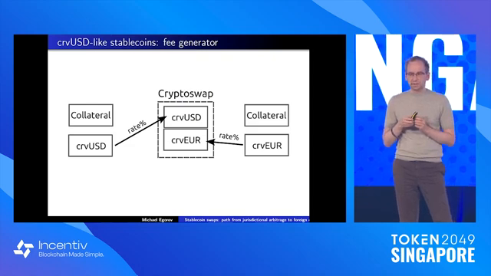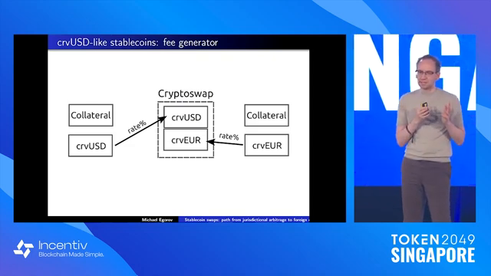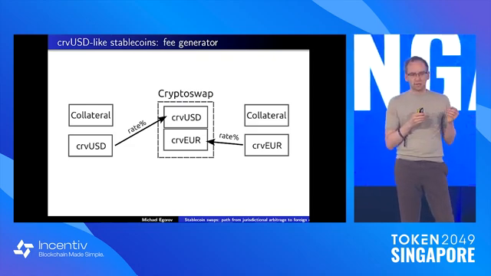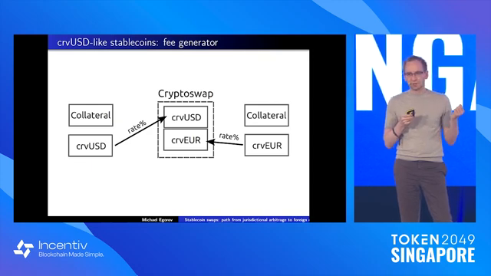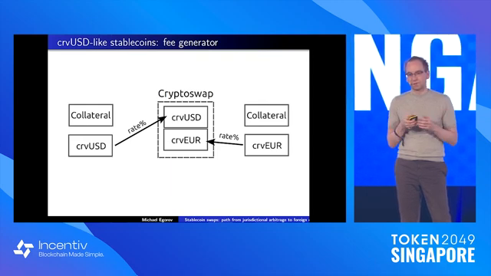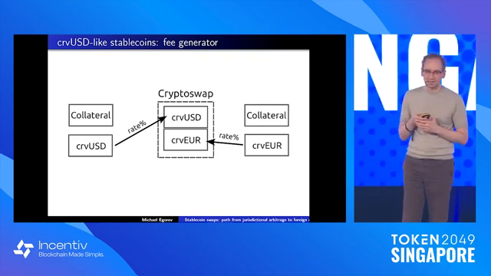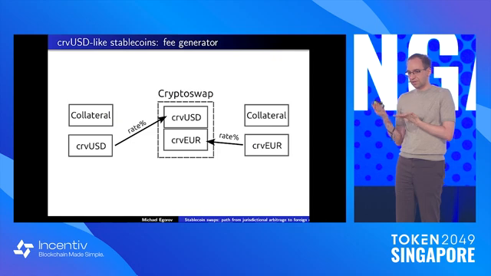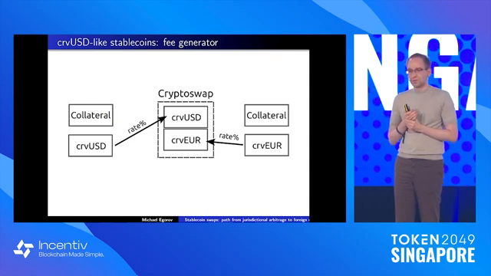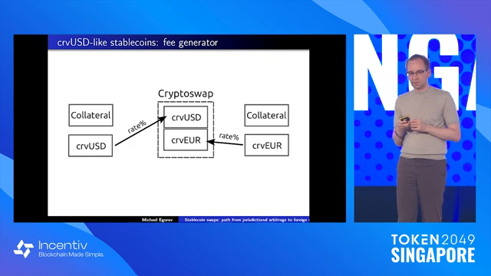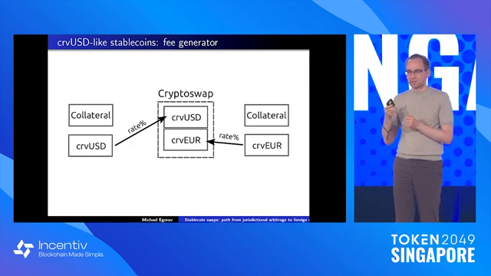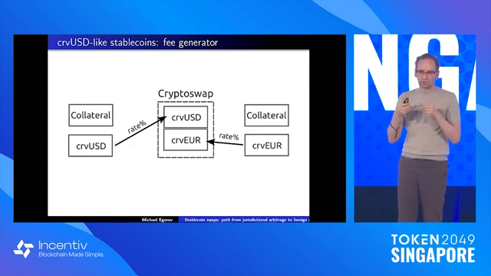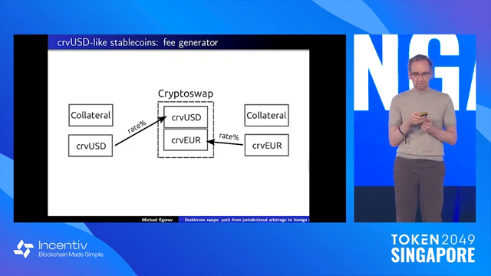So the idea is, what if we split some of that yield and stream it to subsidize rebalancing of the crypto pools, or, well, foreign exchange pools in this case? And also, what if we create crvEuro, which is also a CDP and also streams something earned on the borrow rate to subsidize rebalancing in the pool?